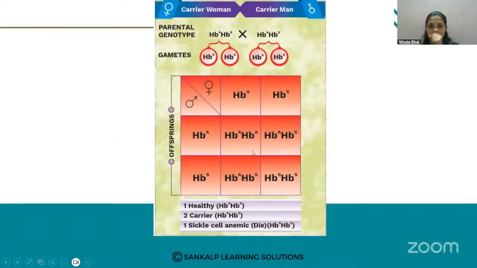Here is an example given with HbA HbS parents. HbA HbS means carrier.